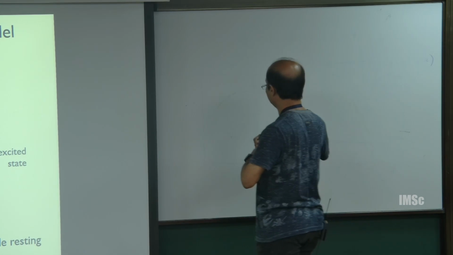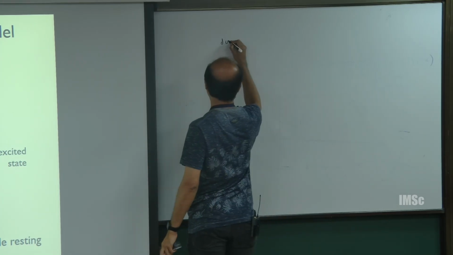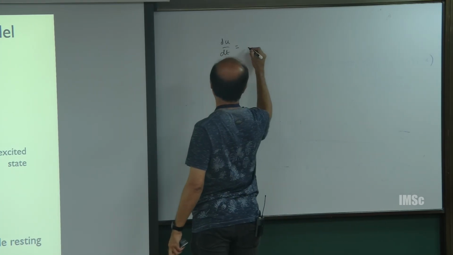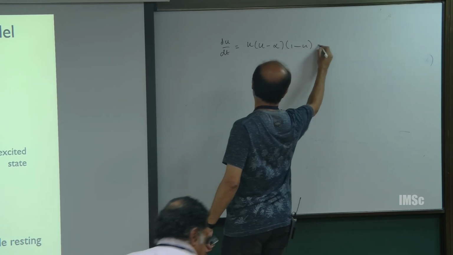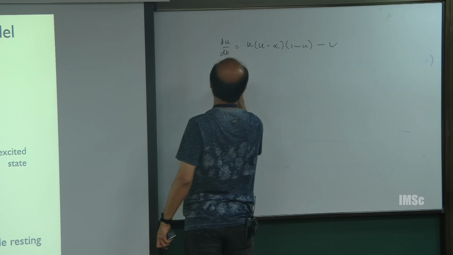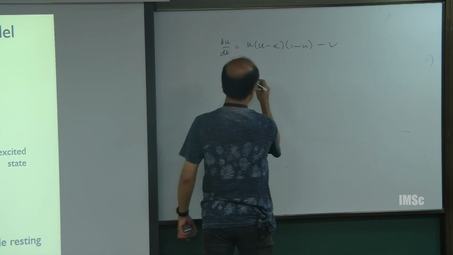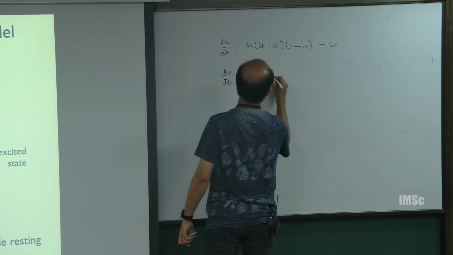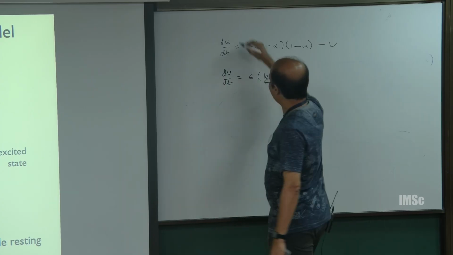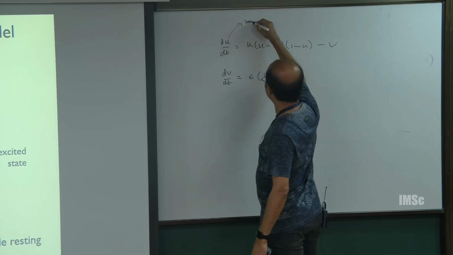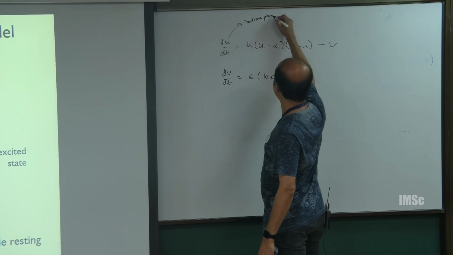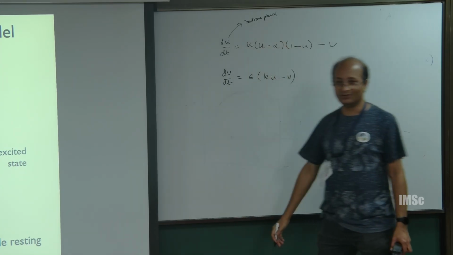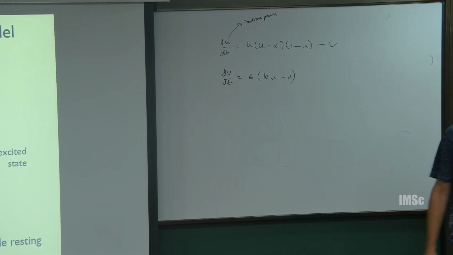So I have du dt equal to u into (u minus alpha) into (1 minus u) minus v, and dv dt equal to epsilon (k u minus v). I can interpret u as the membrane potential, right? Now what do I need to do to introduce an external stimulus?